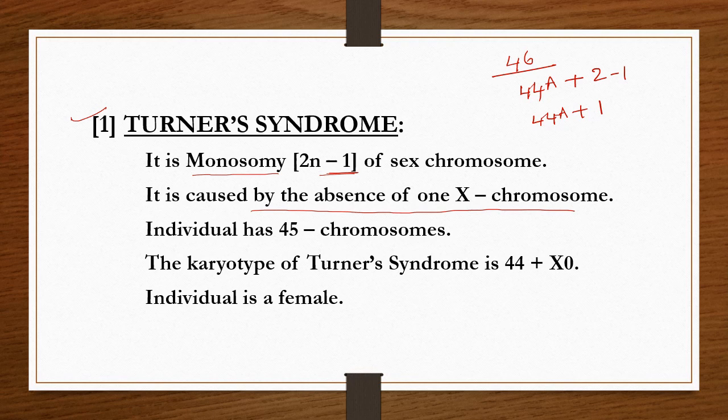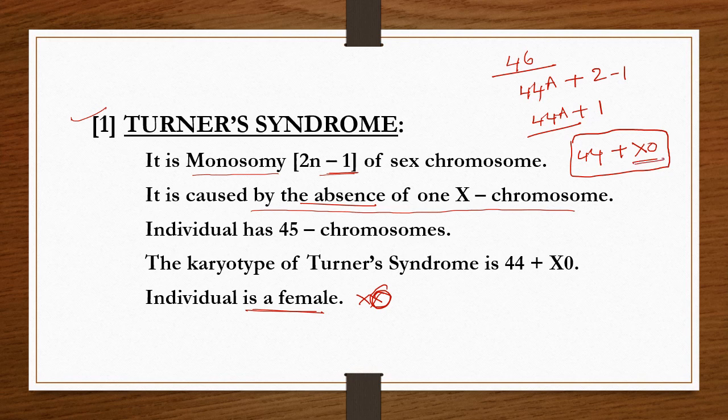Now, the karyotype of this Turner syndrome: autosomes are common, 44 autosomes, plus the Turner syndrome individuals are females. Females are represented with XX, but here one X is absent. That's why X0. This is the karyotype or maybe genotype of the Turner syndrome condition.